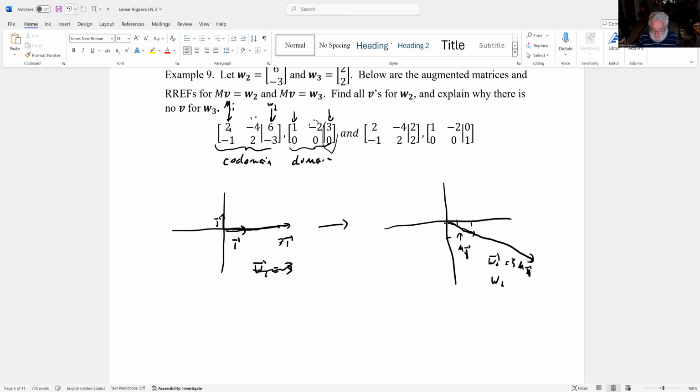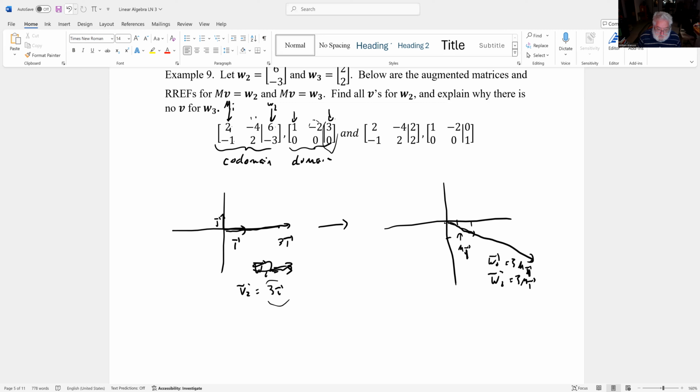W2 is 3 times MI over here. And so that means that when 3I is multiplied by M, you get this.